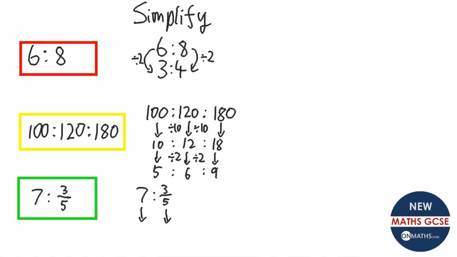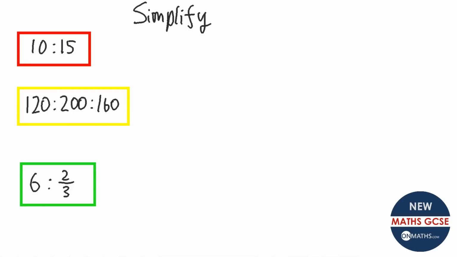So to get rid of that, I can just times both sides by 5. 7 times 5 is 35, and 3/5 times 5 is just 3. Now I can't cancel that down anymore, because 35 and 3, well 3 doesn't go into 35, so that's my simplified answer. Okay, have a go.